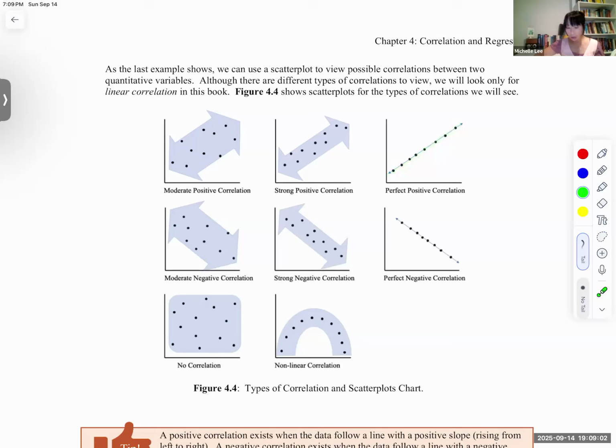So we call this a perfect, and this is a positive correlation, or we say positively associated, right? Perfect. And looking at this one too, all the scatter plot is going this way, increasing. X is increasing, y is also increasing, right? So this is also positively associated, right?